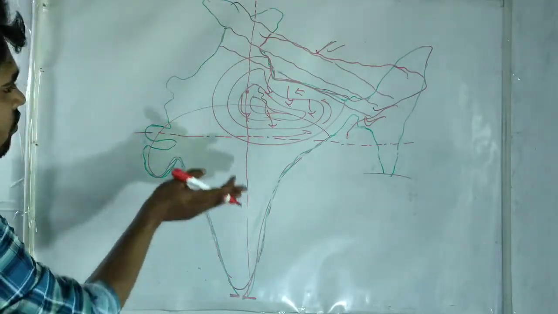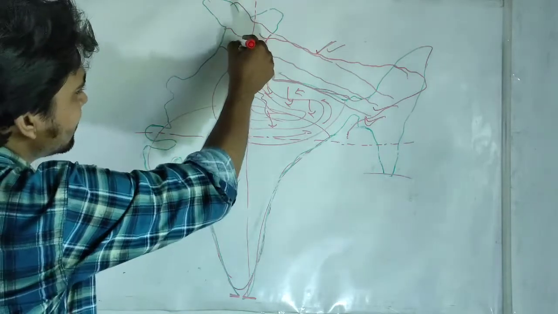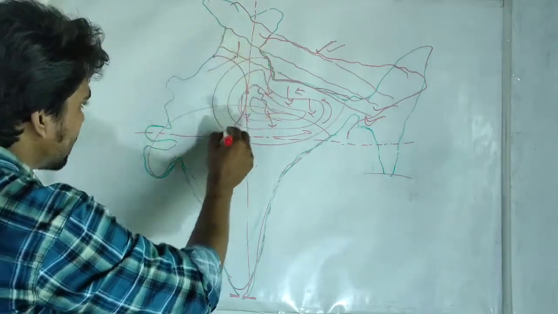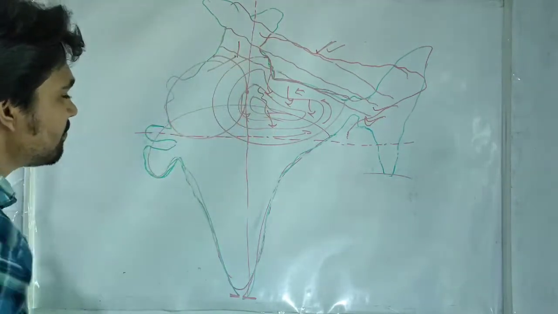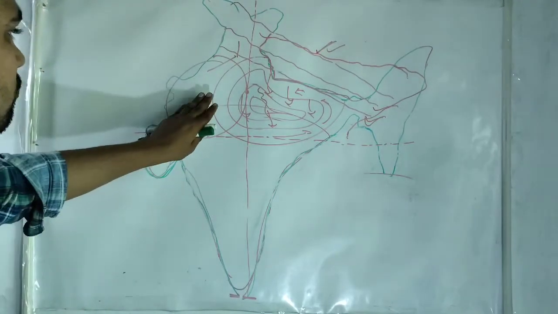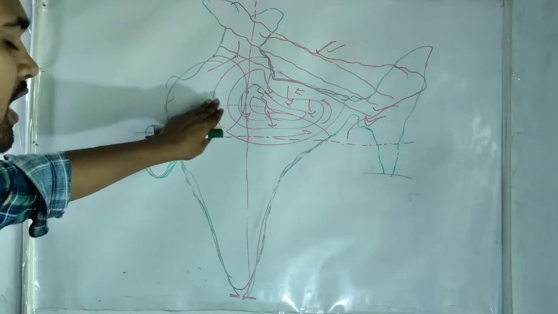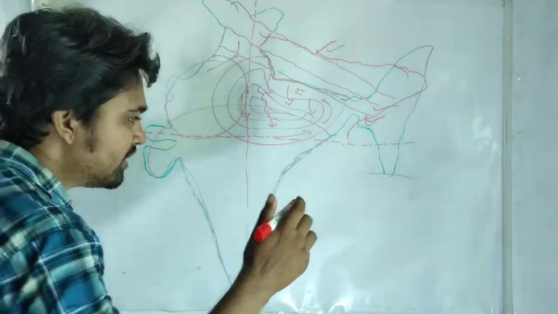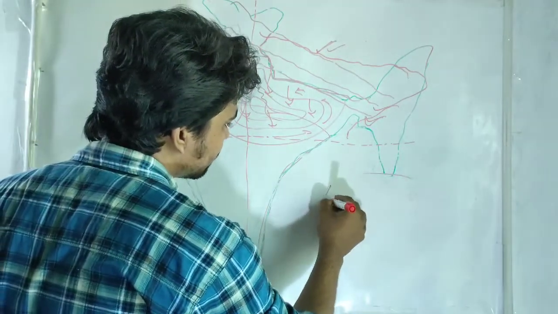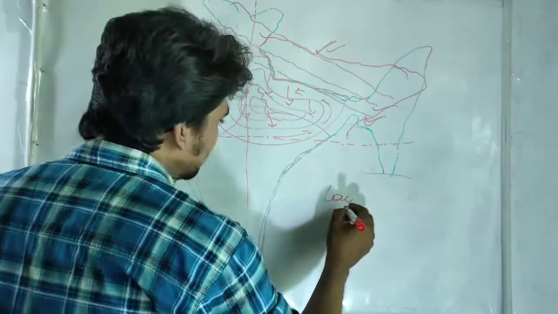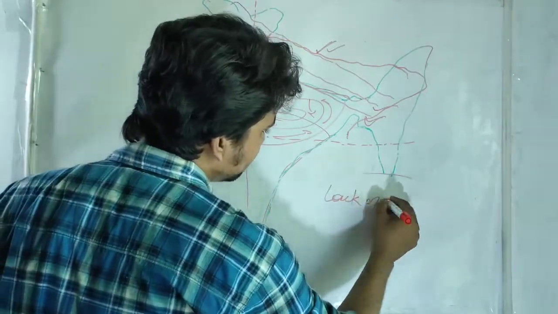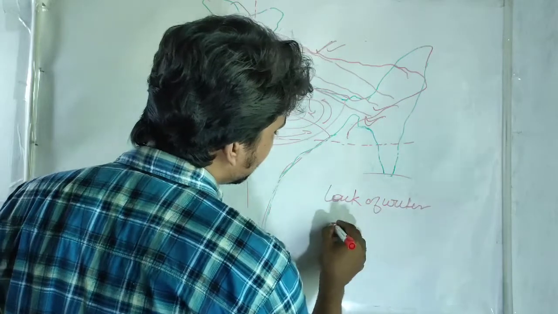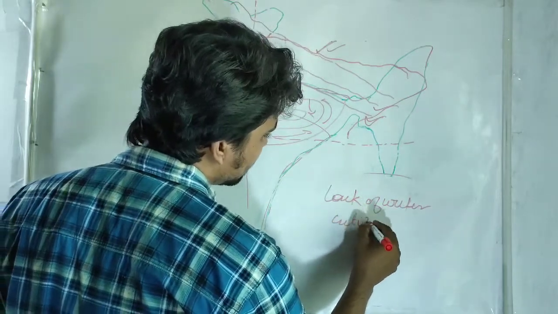Friends, the third part is desert area. So when we go up to the north and west side, that is the Rajasthan side, we find a desert area situated there. Desert areas are those areas where there is a lack of water and cultivation resources.